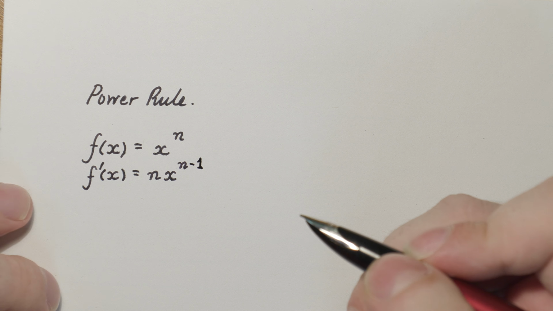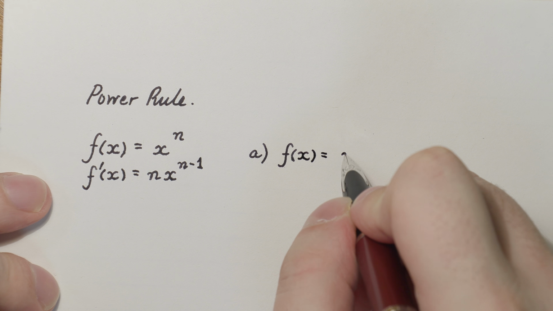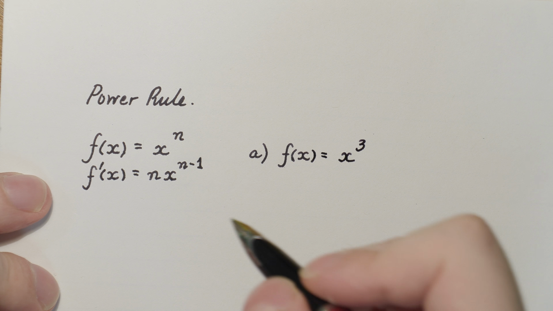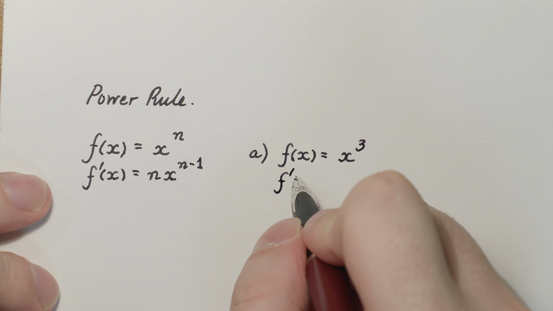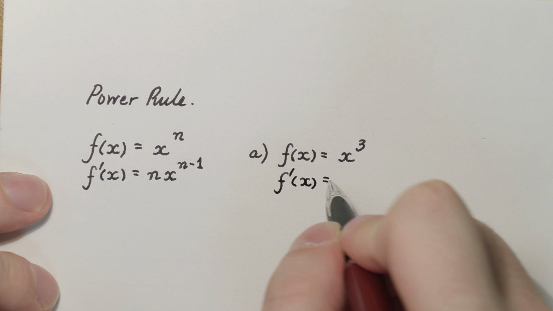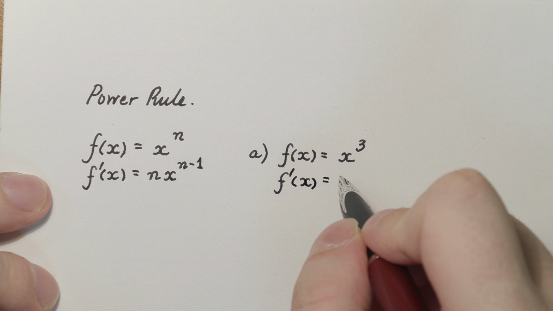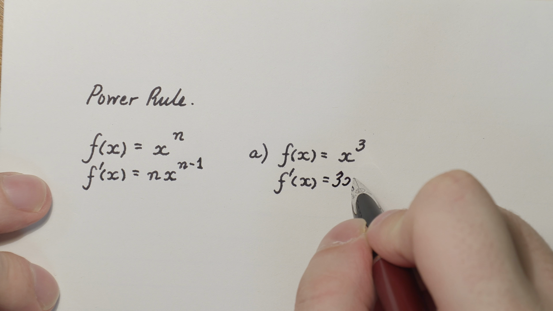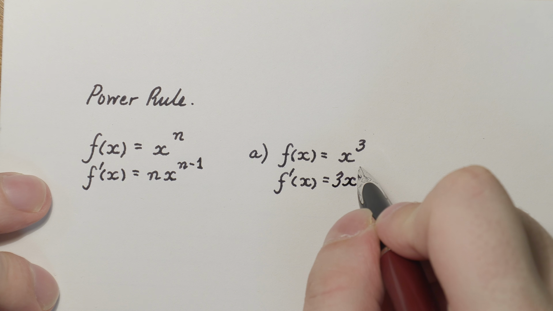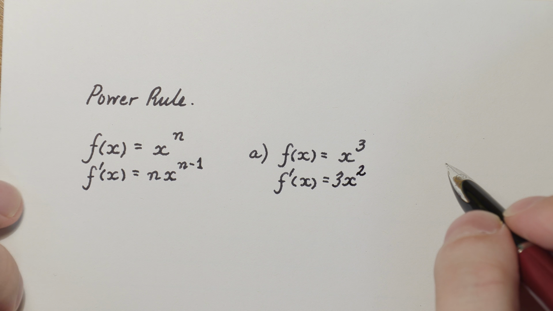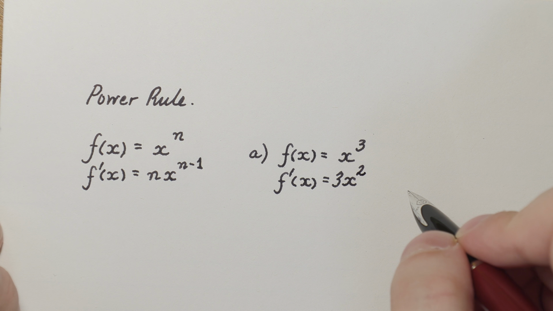So that means, let's have an example. Say I have x cubed. Then if I take the derivative of this, the 3 comes down in front, I'm left with x, and the exponent reduces by 1, so I get 3x squared.